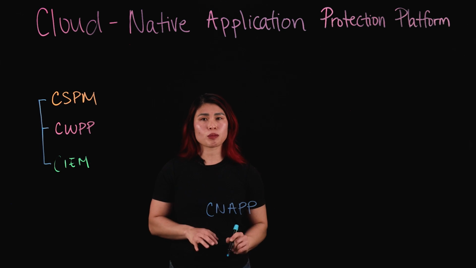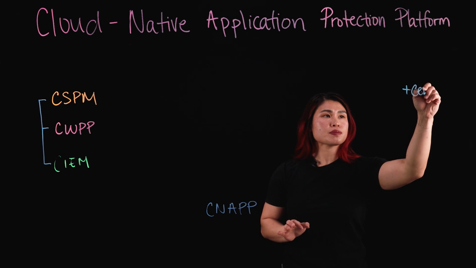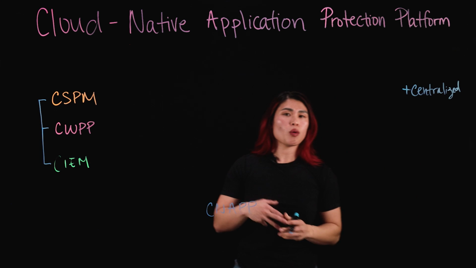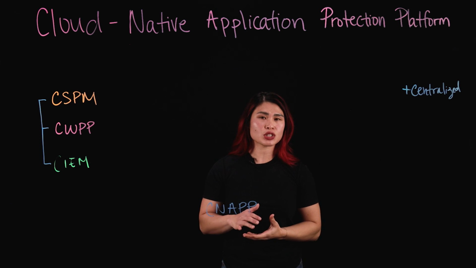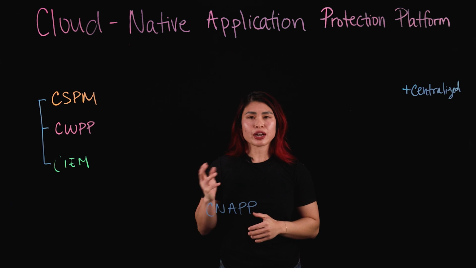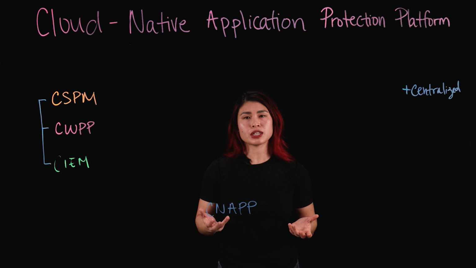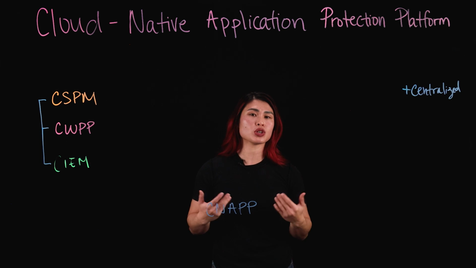A CNAPP platform can provide you centralized management, and not only centralized management of their overall postures, but be able to also centrally manage the different types of automation and monitoring results that can come up from the different types of security solutions that are applied and implemented into their workloads.